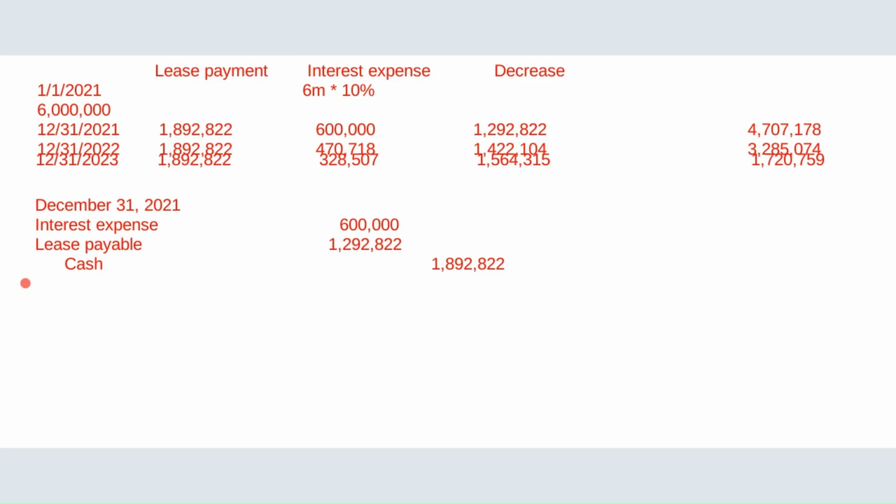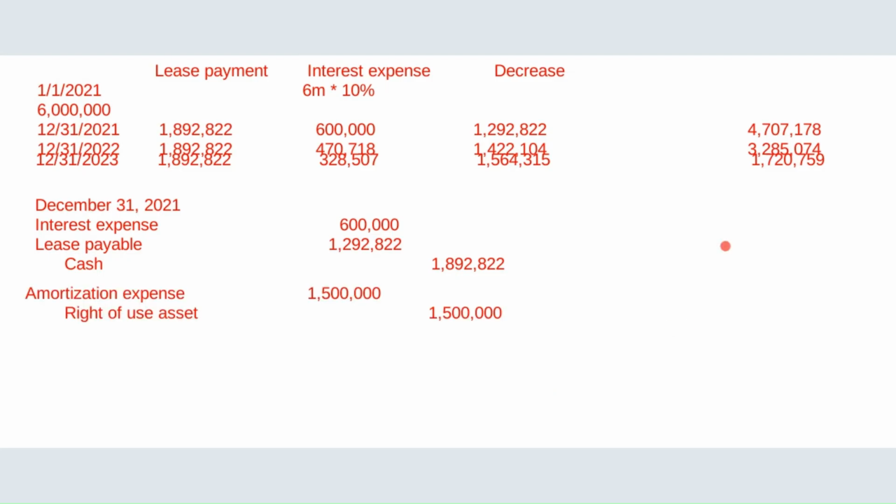And then in addition to that, we also have to record the amortization expense, which is the 6 million divided by 4, which I believe is 1.5. And so we debit amortization expense and we credit right of use asset for 1,500,000.